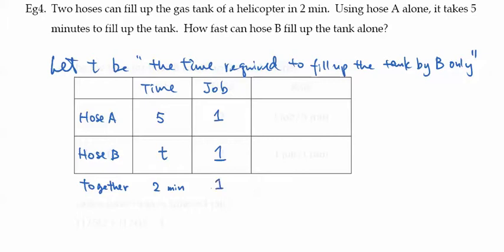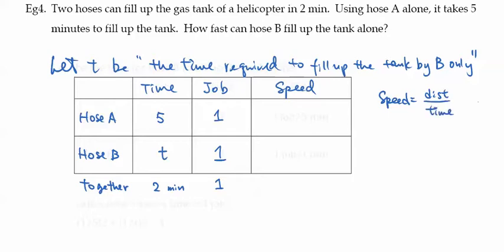So, compared to speed, distance, and time, we are not getting a distance. We are simply getting this one job that we are trying to complete. So that's not distance. How fast can they finish this job? In the past, we would use distance over time to get the speed.